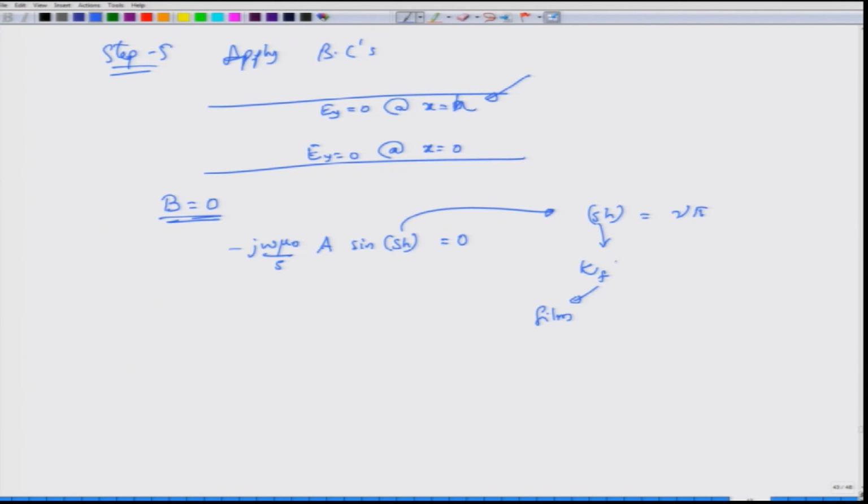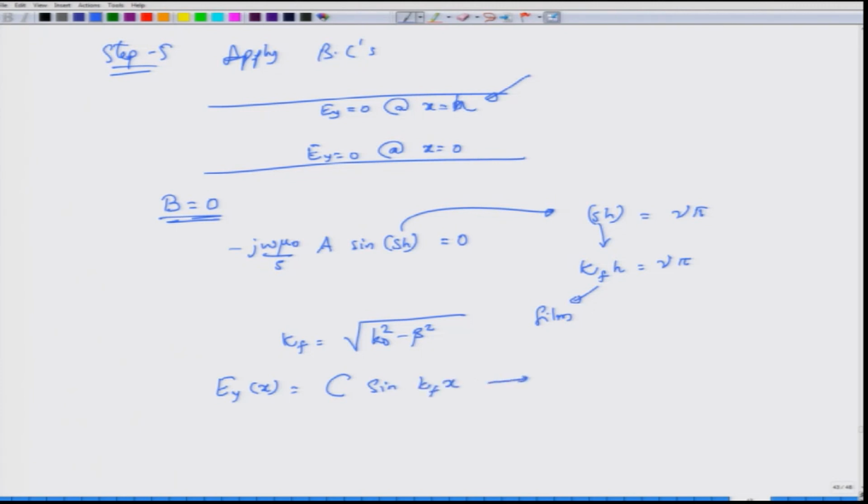So, the condition is kappa f h equals nu pi, where kappa f is given by the square root of k0 square minus beta square. So, what we have is a very interesting expression: the electric field component Ey of x is proportional to, I will put all the proportionality constants into some c, sine of kappa f times x.